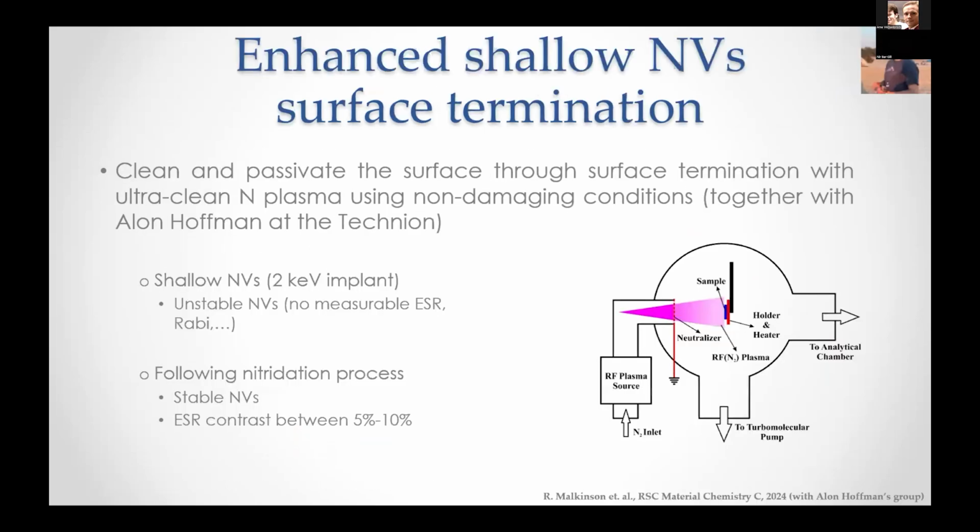I'll just mention very briefly that together with Hofmann at the Technion, we've tried to address this as well through a very nice process of nitrogen termination with a very gentle nitrogen plasma in a system that Alon has, which is in ultra-high vacuum and allows this to be done in a very clean environment.